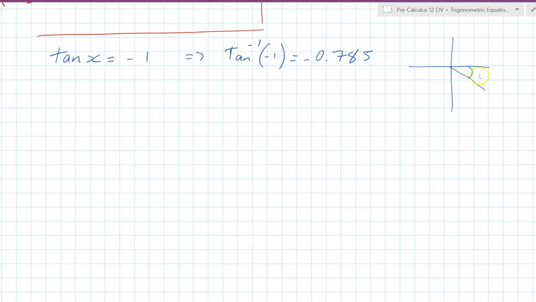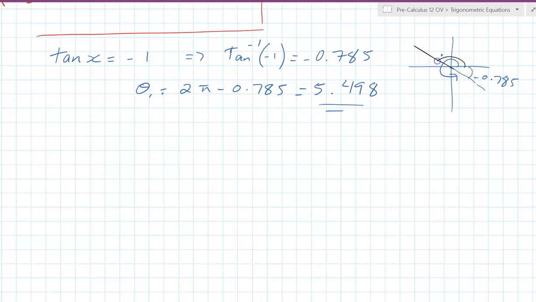So if this is negative 0.785, we need this angle, and so the first angle theta 1 will be 2 pi minus 0.785, and that angle will end up being 5.498. Let's leave it like that for now. All right, and then what is theta 2? Theta 2, remember, is in the second quadrant.